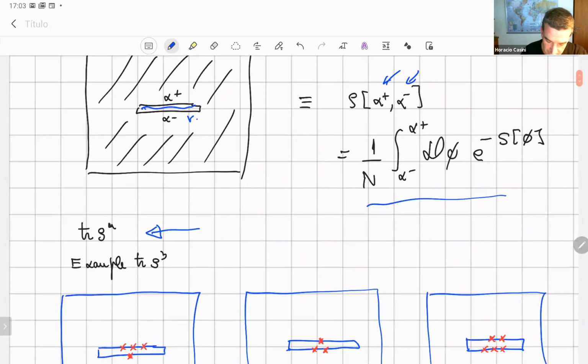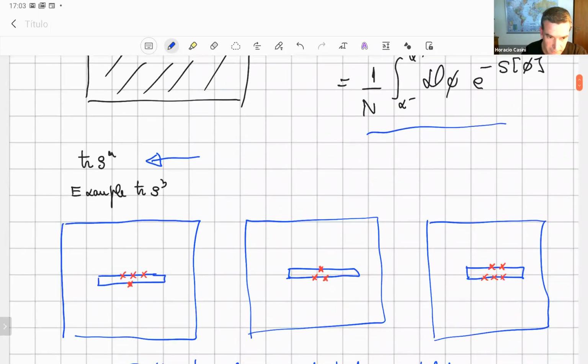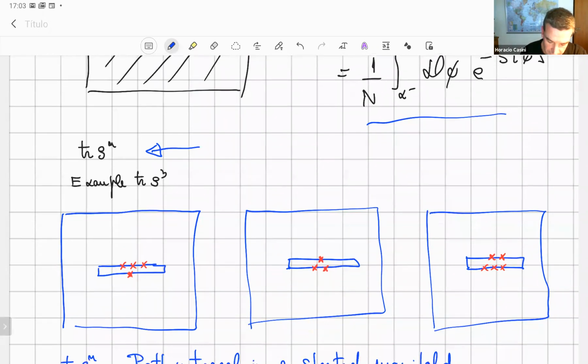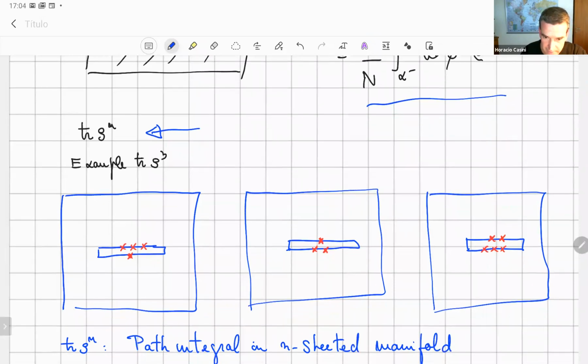And I showed you an example. We have here the computation of trace of rho to the 3rd power, and you produce then 3 copies of the density matrix that are these 3 copies of the Euclidean plane with a cut, and then you identify one of the boundaries, let's say the output variable of one of the density matrix with the input variable of the other, and do the same for the second density matrix, and the last one you identify the boundaries because of the trace.